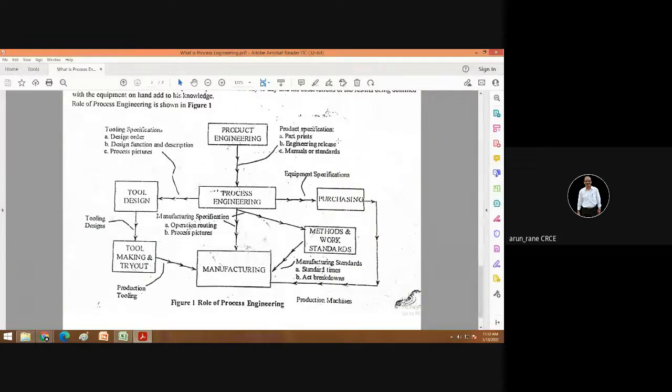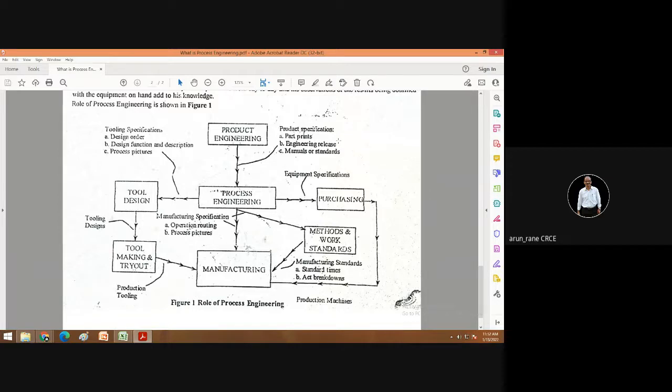All these manuals are the responsibility of the product engineer. Many times in the purchase order, when your client gives you a purchase order, he mentions what kind of manuals he needs.